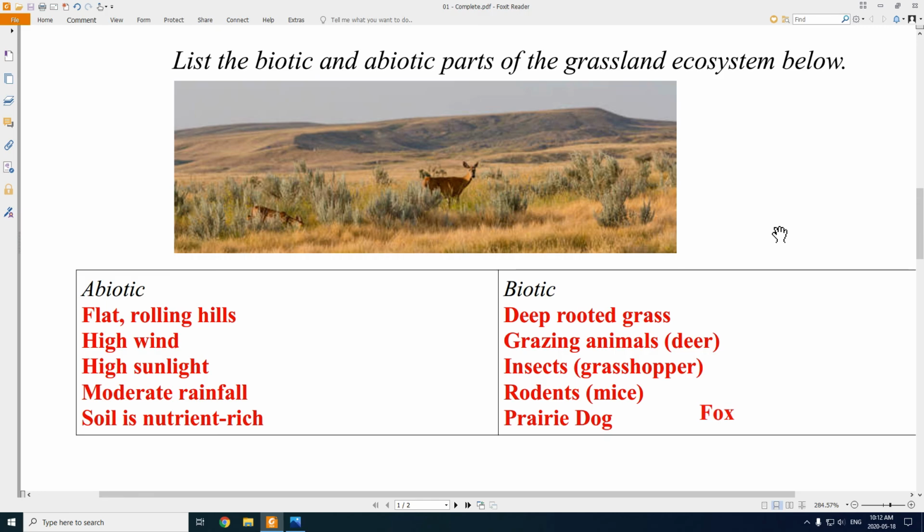Or you could look at just a lake, right? You'd say it's an aquatic ecosystem, a lake. Well, inside of a lake, you have abiotic factors, right? The water, the type of water, the temperature. And then you also have biotic things, right? The algae, the plants that are growing in the lake, the types of fish.